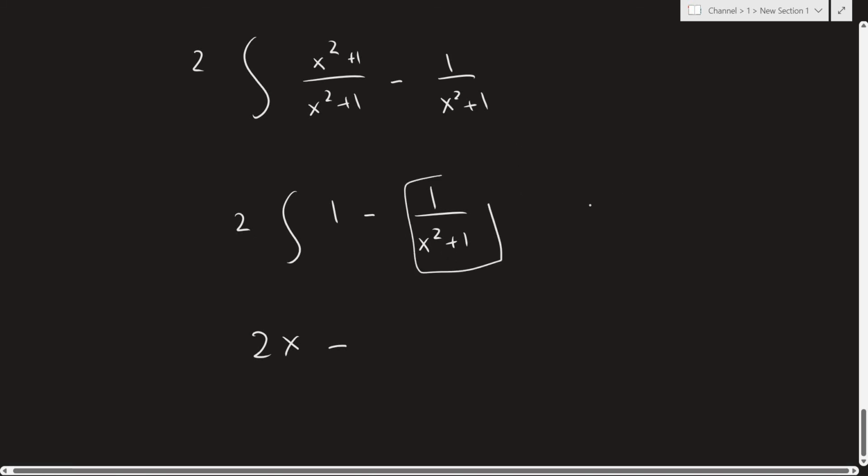You should recognize this one. It's 1 plus x squared, which is arctangent, okay? So this is arctangent with the 2. Don't forget the 2 here. We're going to distribute the 2. So let me rewrite this.